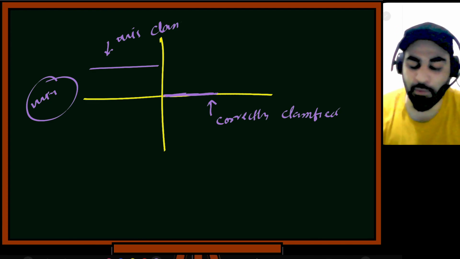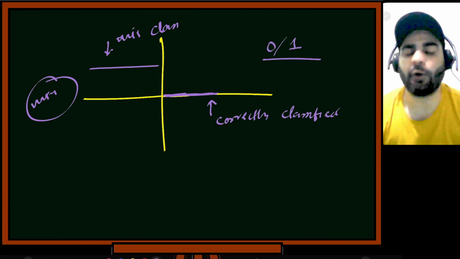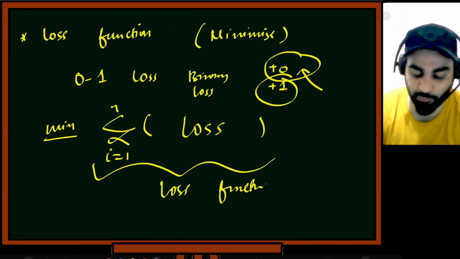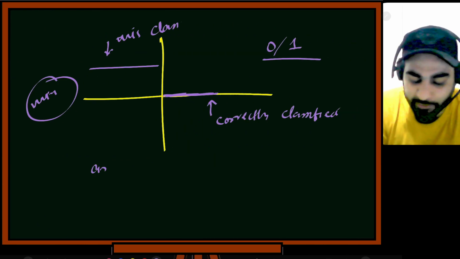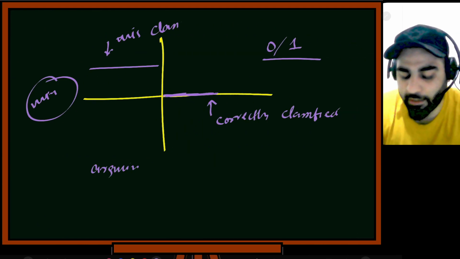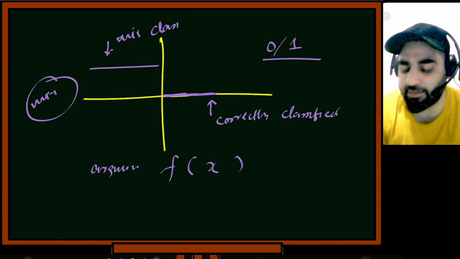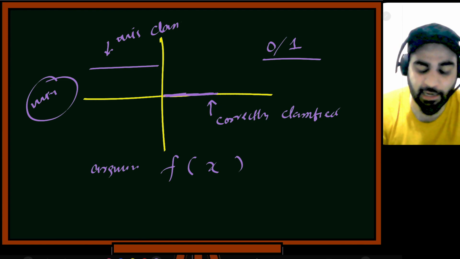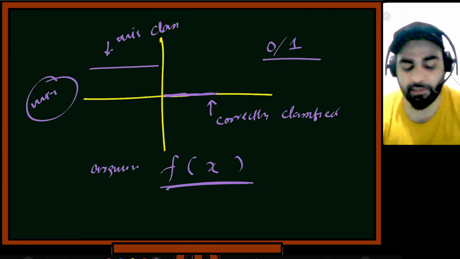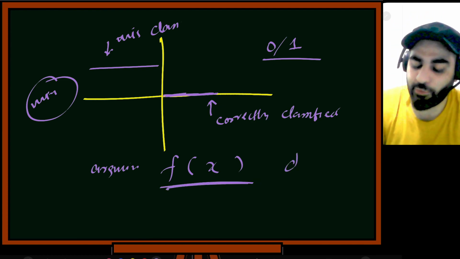But the problem with this 0-1 loss is with how you minimize a function. Let's suppose f of x is our loss function and you want to find the argmin, the values such that the function is minimized. How do you minimize? You use differentiation.